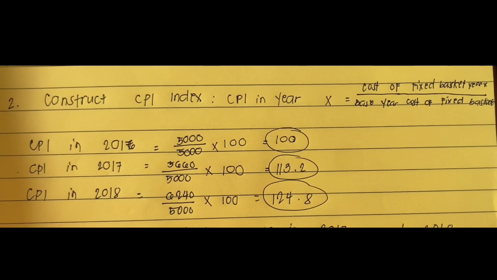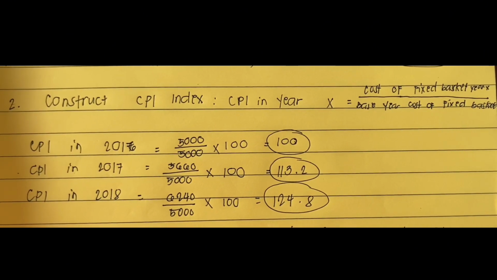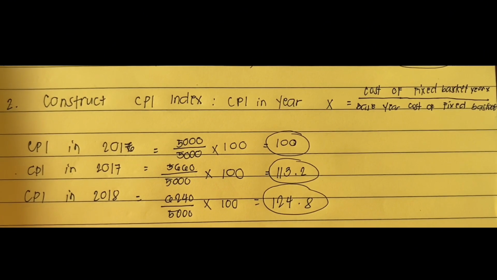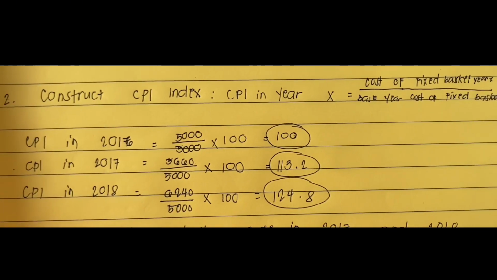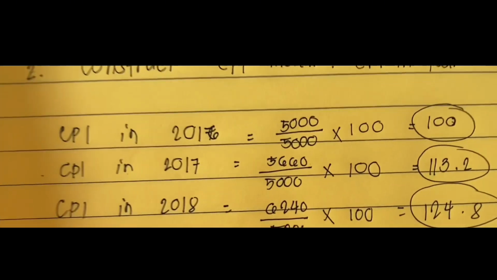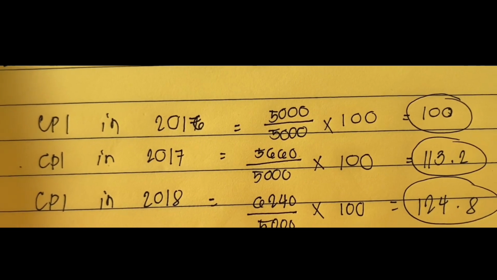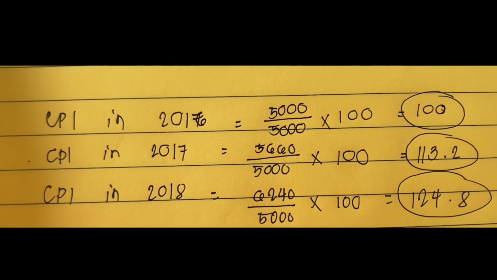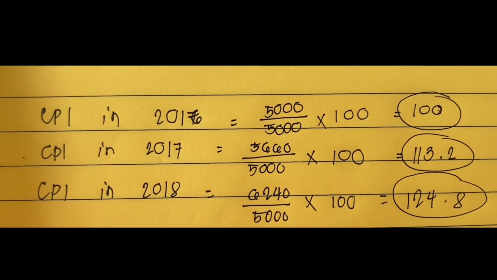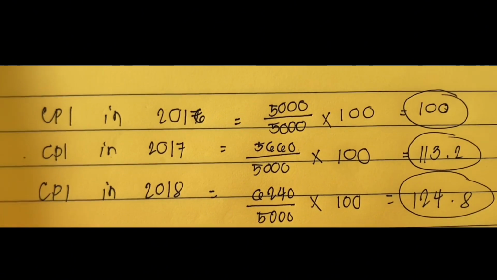CPI in year X equals cost of fixed basket year X divided by base year cost of fixed basket times 100. CPI in 2016 equals 5,000 divided by 5,000 times 100 equals 100.